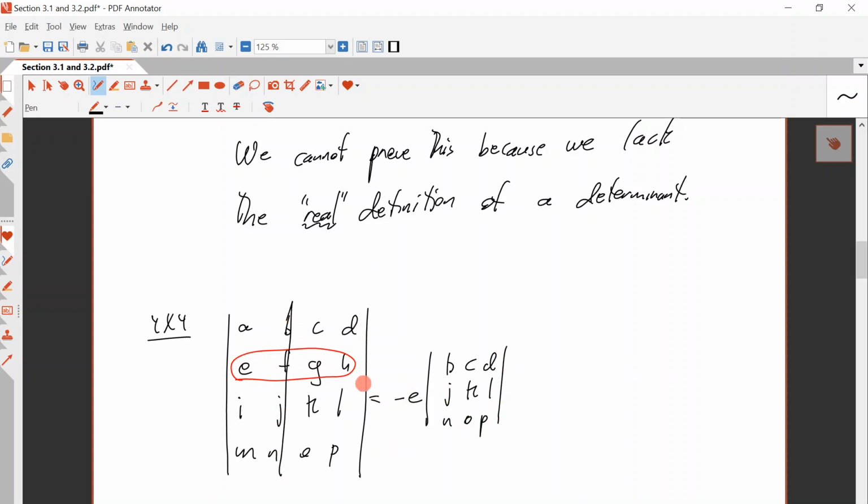Next column, so that's plus F, so it alternates, minus, plus, minus, plus.